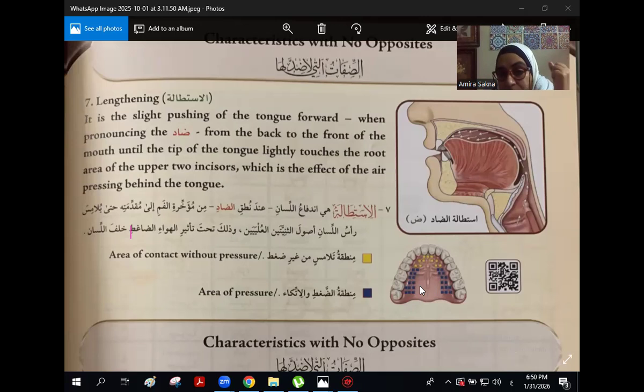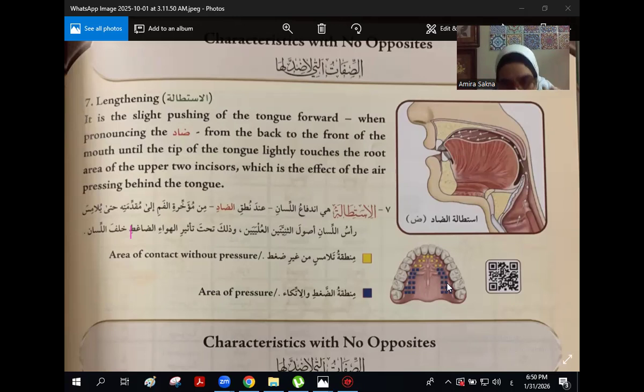This compressed air will push the sound to slightly move until it reaches the roots of the upper central incisor. We say slightly pushed. That means that it will not make pressure. It will make contact, but no pressure.